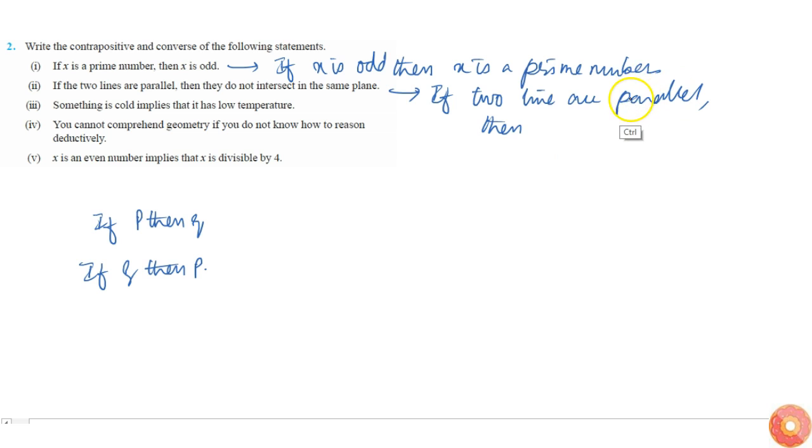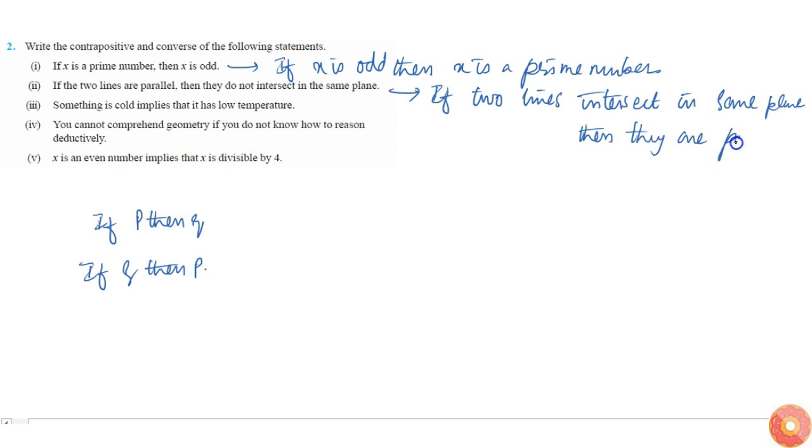Now for the second one, I was making a mistake. I was again writing the same sentence. If two lines intersect in the same plane, this is Q. I should write if Q then P: if two lines intersect in the same plane, then they are parallel. This is the converse. The next one: something is cold implies it has low temperature.